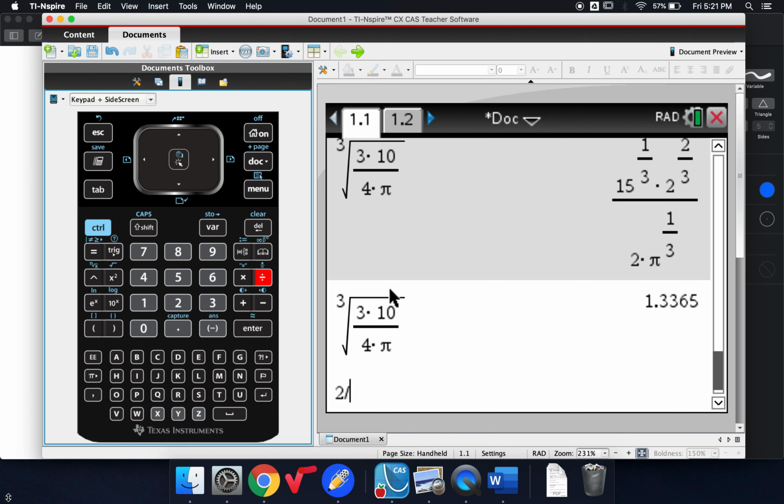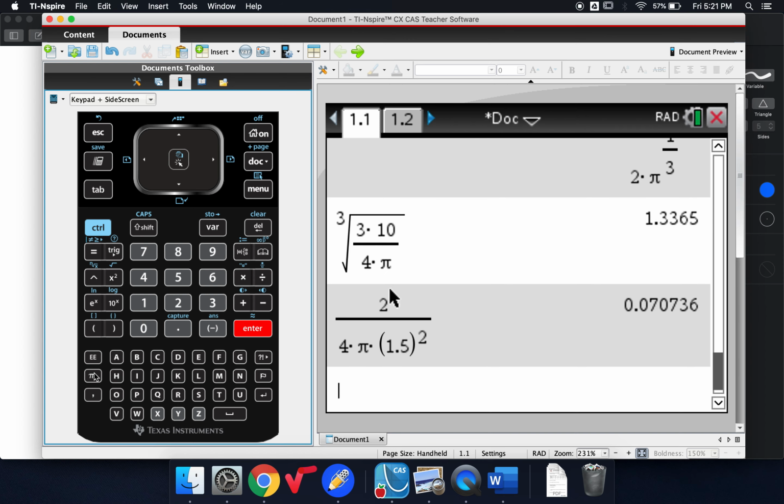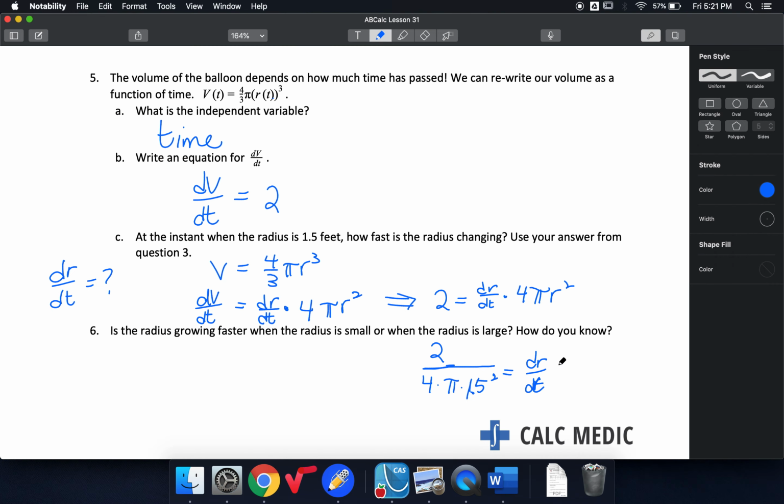So 2 divided by 4 times pi times 1.5 squared, and we get 0.0707. That's going to be feet per second.